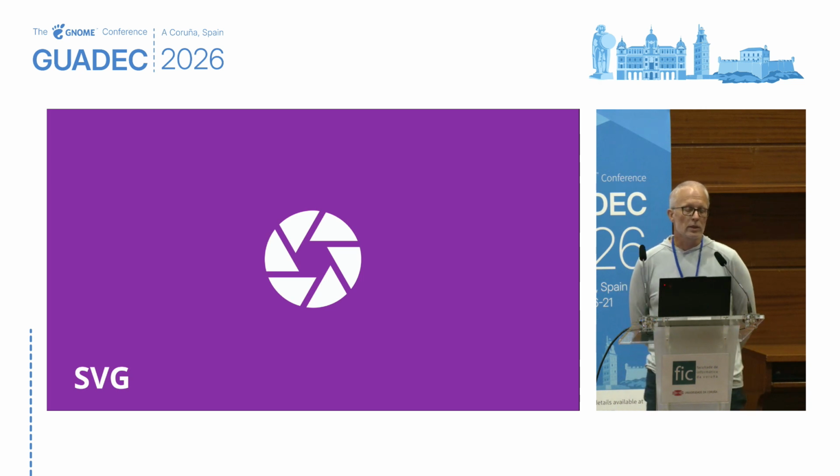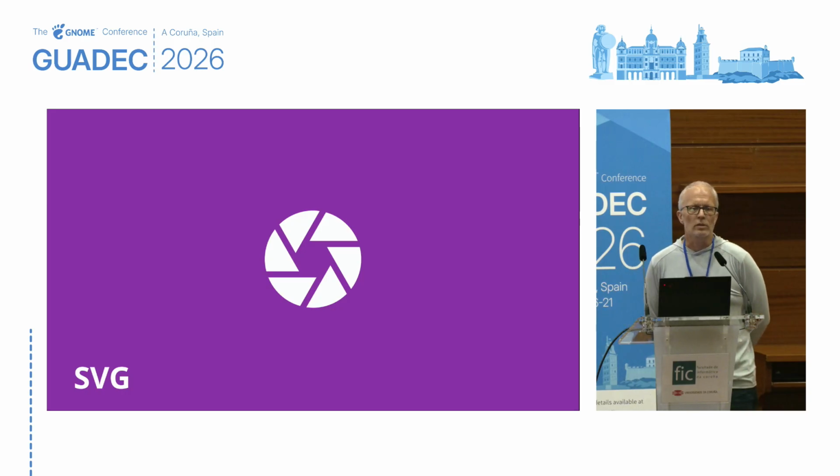But the SVG2 standardization process also ran a little bit out of steam. There was a candidate recommendation for SVG2 in 2016, and that's one of the later stages in the W3C standardization process. But here we are more than a decade later, and there's still no final SVG2 spec.